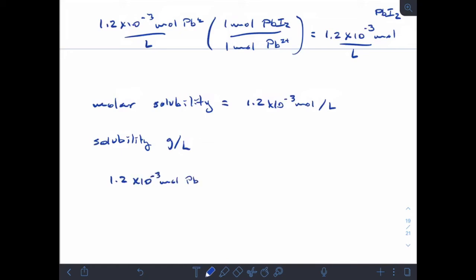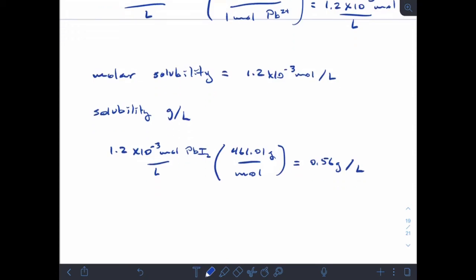Moles of lead iodide per liter, and lead iodide is 461.01 grams per mole. Means that the solubility of lead iodide is 0.56 grams per liter.